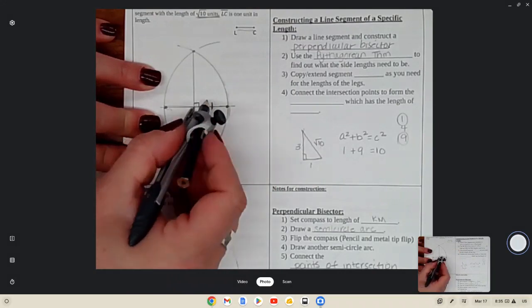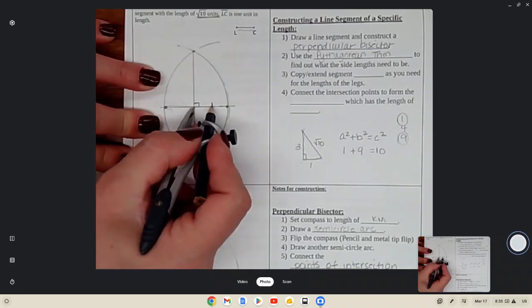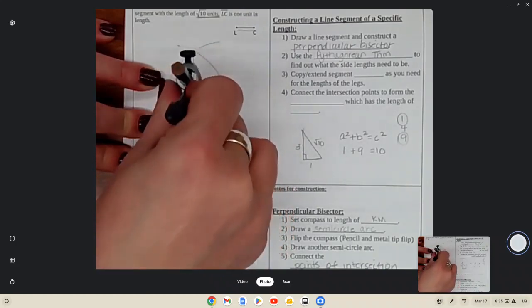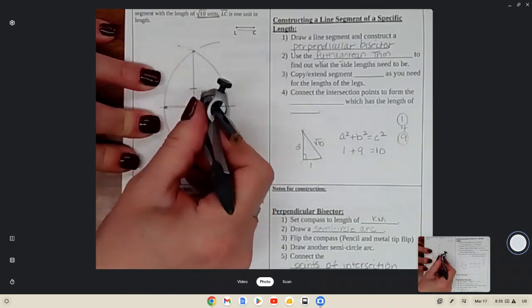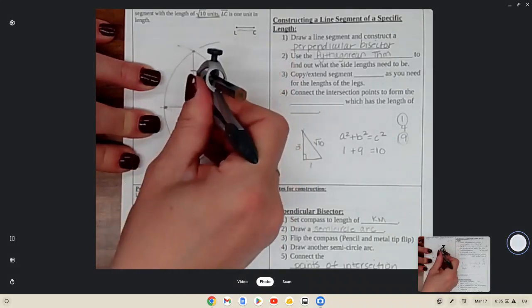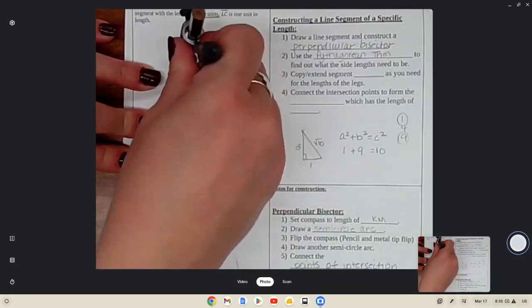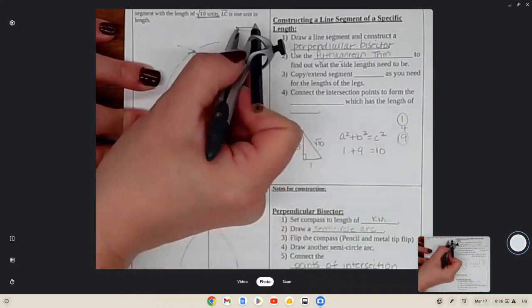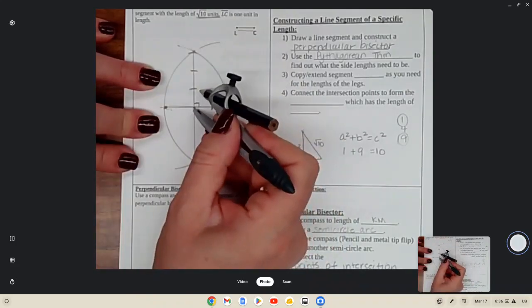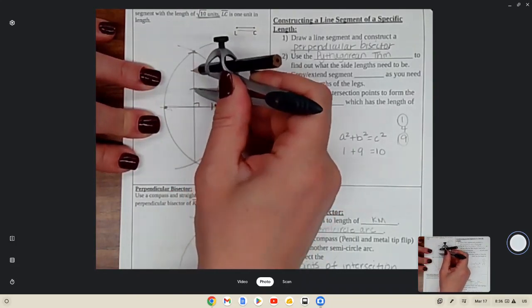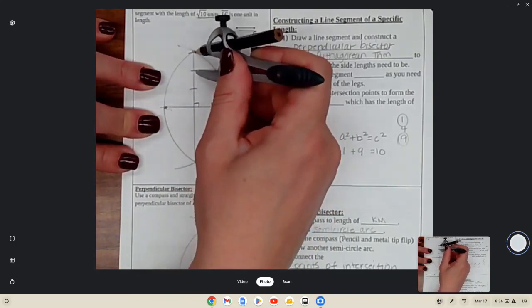Now from this one, I want to move it. Okay, so here's 1 unit. Now look what I'm going to do. 2 units. One more time. 3 units. See how I did that? So I kept it here. Marked off 1 unit. 2 units. 3 units.